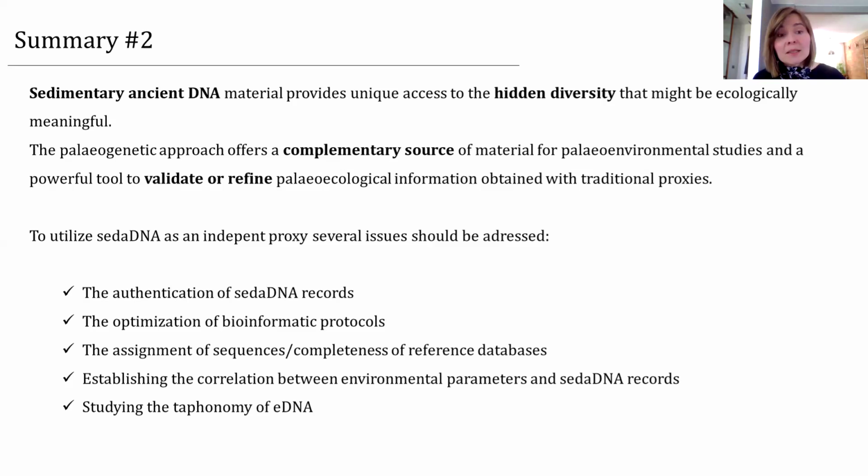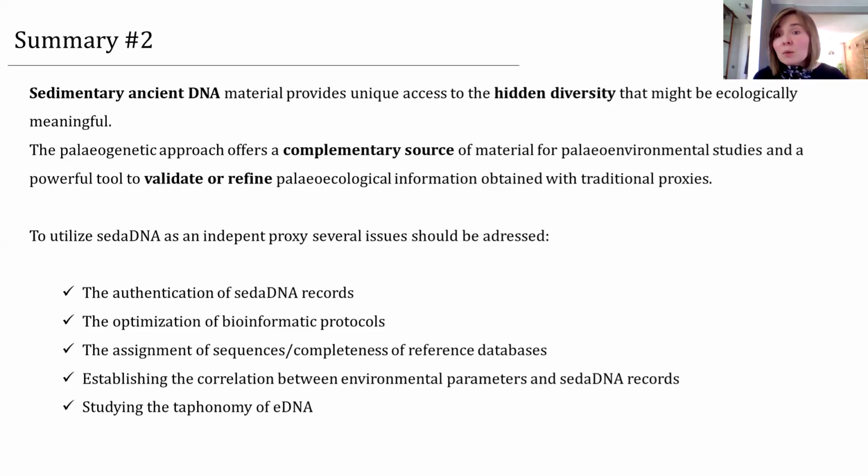And before it will happen, there are a few issues that have to be addressed. The first is authentication of the DNA records. So we need to be sure that this is really ancient DNA, that this really represents ancient biodiversity.